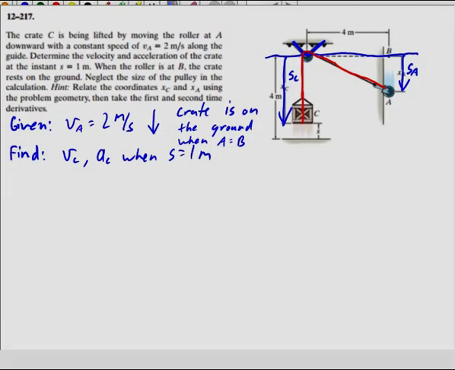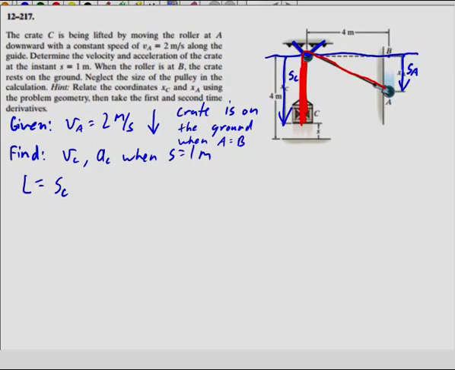Okay, so I have my rope, and now I'm going to figure out what's the length of the rope. I'm going to say the length is equal to, well, we've got a section of it here. From here to here, as I color in the darker red there, that's going to be SC. The distance from our datum to the bottom of the crate, that's SC.